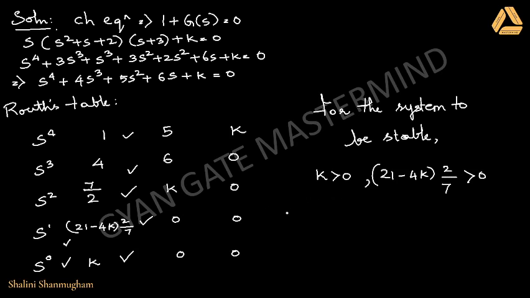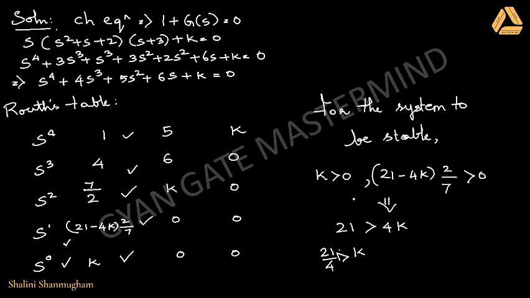So by simplifying this one, that is 21 should be greater than 4k. So k should be, that is, 21 by 4. I'm really sorry. K should be less than 21 by 4.